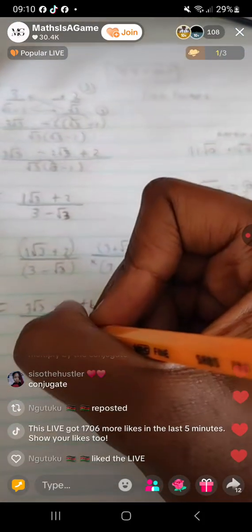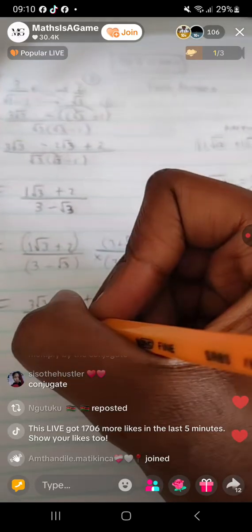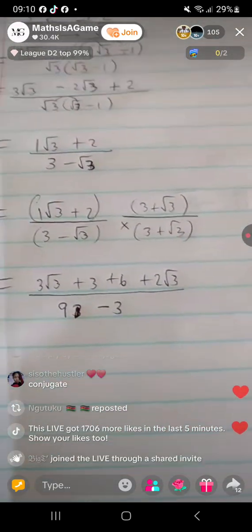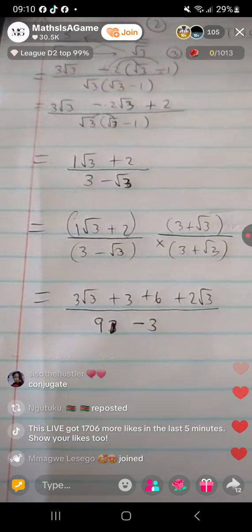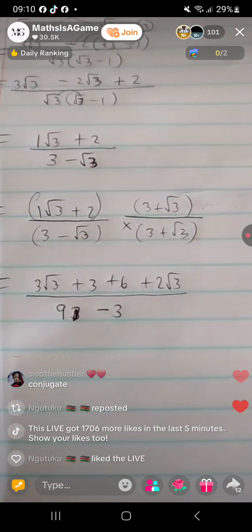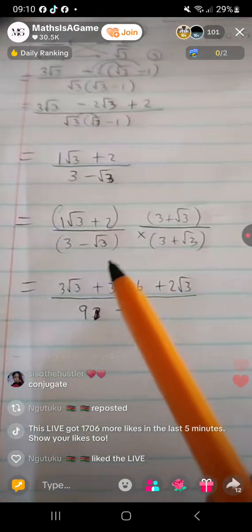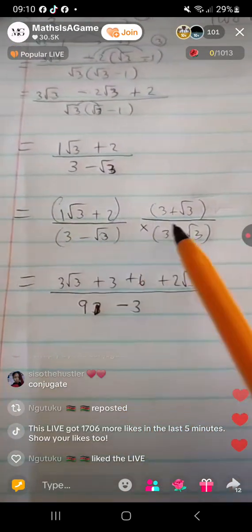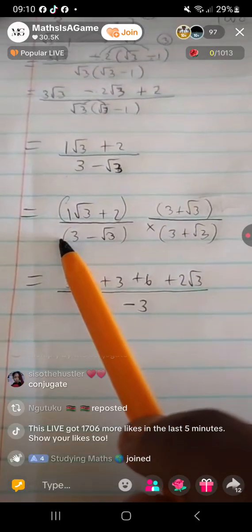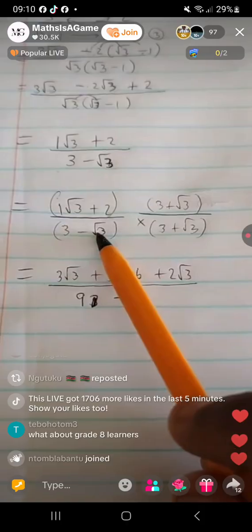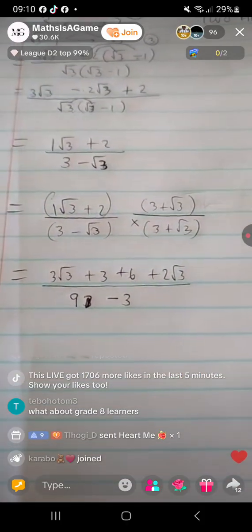Not 3 minus 3, obviously. What's 3 times 3? It's 9. My mistake, guys. 3 times 3 is 9, and then root 3 times root 3 will give us 3. But of course, it's 9 minus 3, because with this minus and plus, all we care about is 3 times 3, which is 9, and root 3 times negative root 3, which is negative 3.